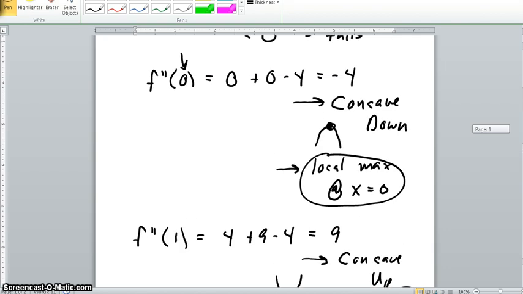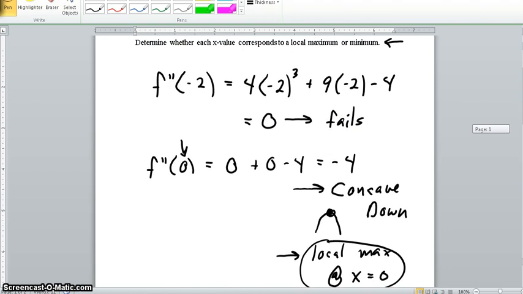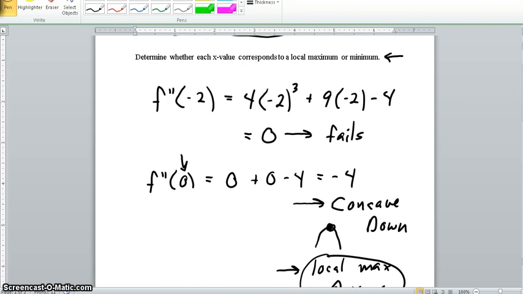We still don't have our answer for the critical value of x equals -2. Again, depending on exactly what the question says, you may or may not have to go back and find that, but the way that you could do that is you could use the first derivative.